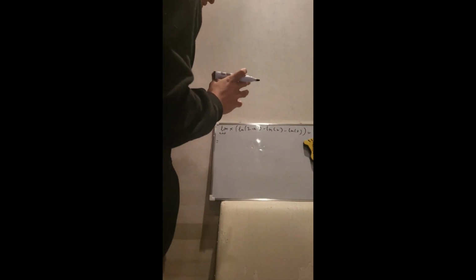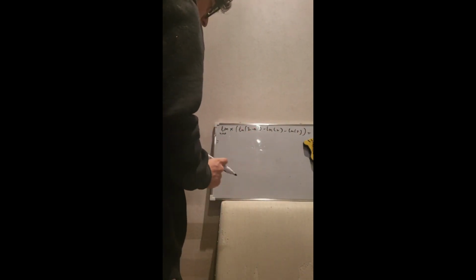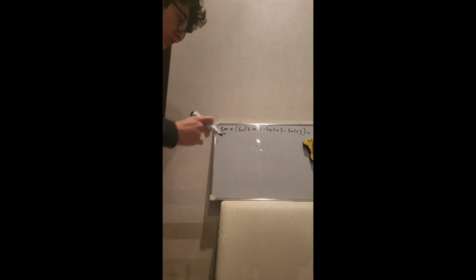And here we have to use L'Hopital's rule, but we cannot do it like this. So we are going to add a new variable, t. We are going to set x equals 1 over t in order to make it a fraction divided by t, and let us use L'Hopital's rule.